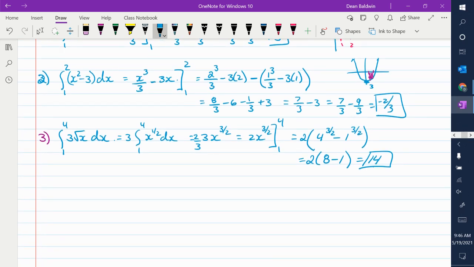All right. Okay? So the antiderivative stuff is the exact same, except now, once you get the antiderivative, you have to evaluate it at the endpoints, and you subtract those answers to get the value of the area under the curve. Okay?